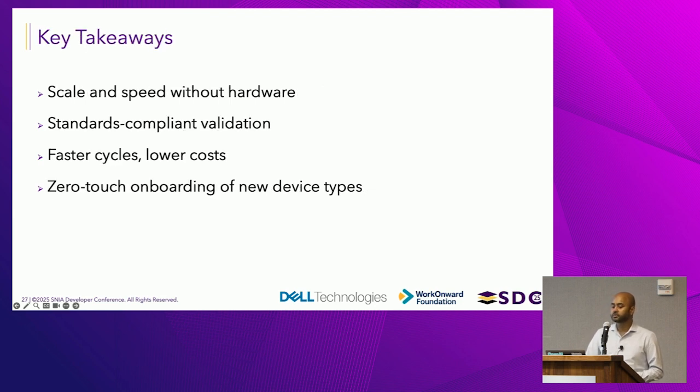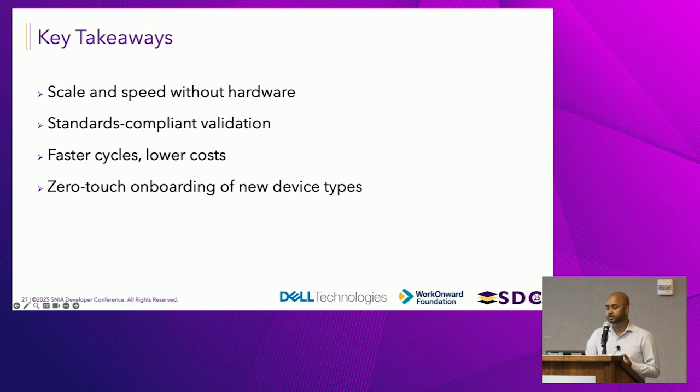And here are some of the key takeaways of what we achieve with this: the speed and the scale without any actual hardware. The second is standard compliant validation, which is also a multi-layered validation which ensures both structural and semantic accuracy while leveraging the Redfish and Swordfish specifications for guaranteed interoperability.